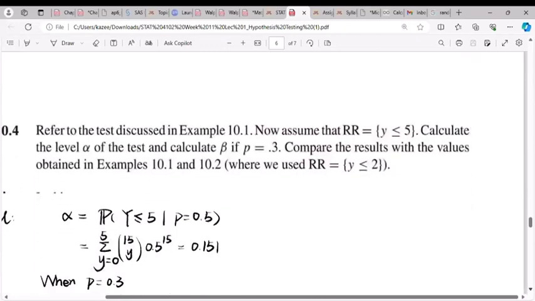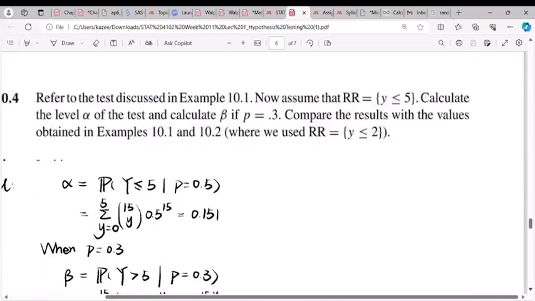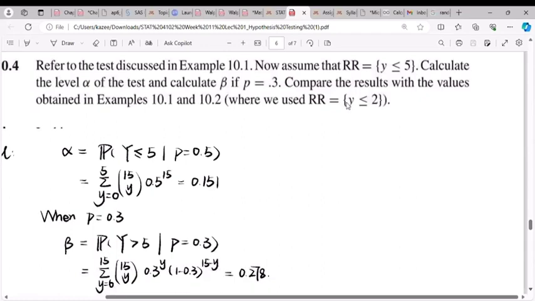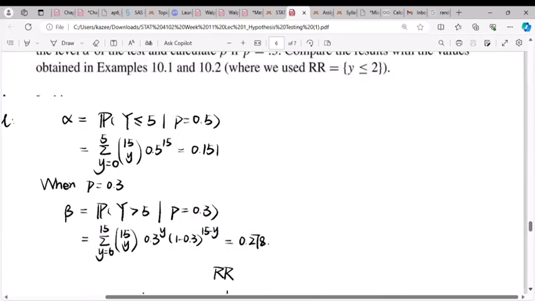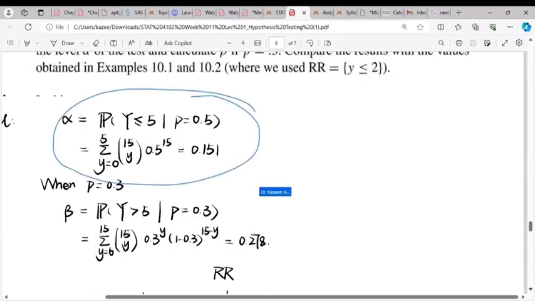If you really want to demonstrate that, we demonstrated that before using Jones. Take a look at this now. Initially we used a rejection region of y less than or equal to 2. Now, if you increase that 2 to 5 and we recompute what we did before, our alpha, what has happened to the alpha now?